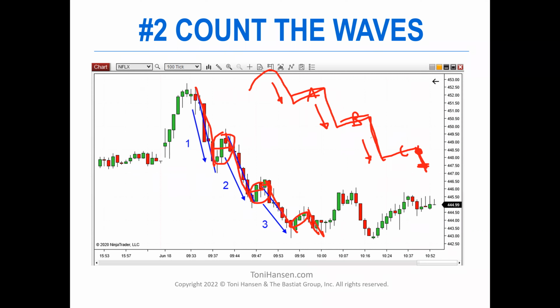So it might be half of what your previous impulse moves on the downside are. There again will be exceptions, but they are pretty rare. The main thing that tends to happen is that when it tries to do another move, it will shift momentum, and so it won't be able to follow through as quickly as the previous moves did.